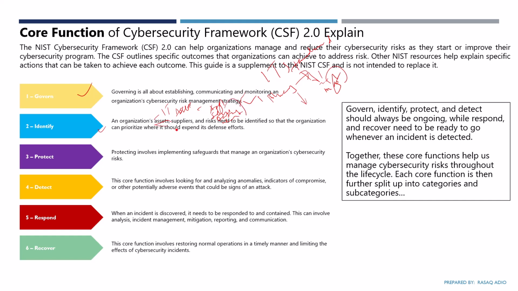Your suppliers, maybe your third party, and the risk needs to be identified, because if you don't identify risk applicable to all this infrastructure, there will be difficulties in managing and protecting them. So when you identify them, the organization can prioritize where it should expend its defense efforts.